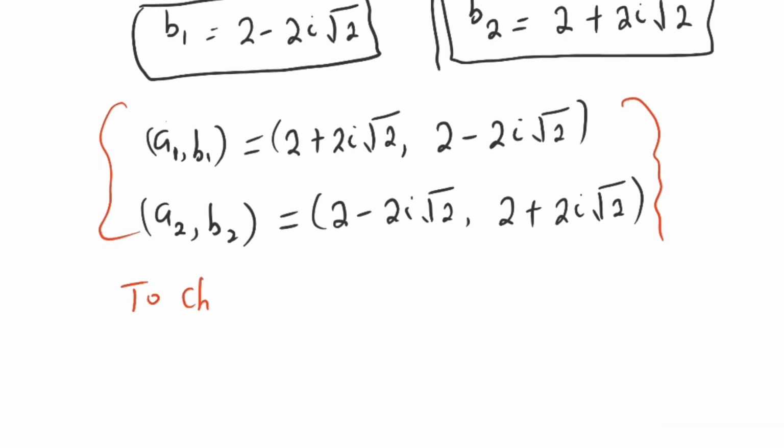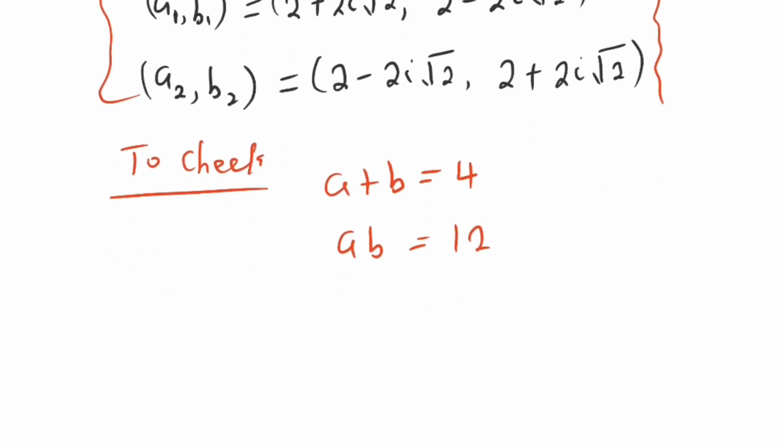To check, we have the given equations. A plus B is equal to 4. AB is equal to 12. Let us consider this using either A1, B1 or A2, B2. But I'm going to make use of this A1, B1.